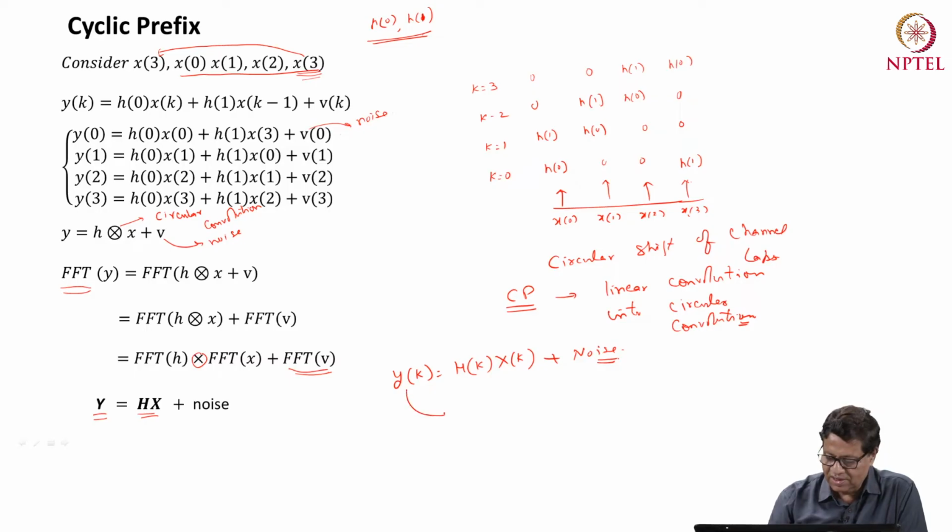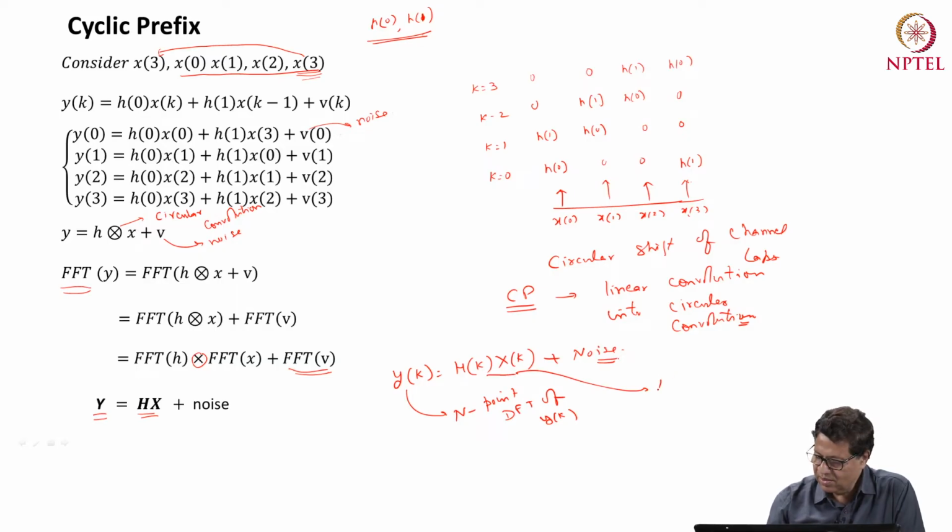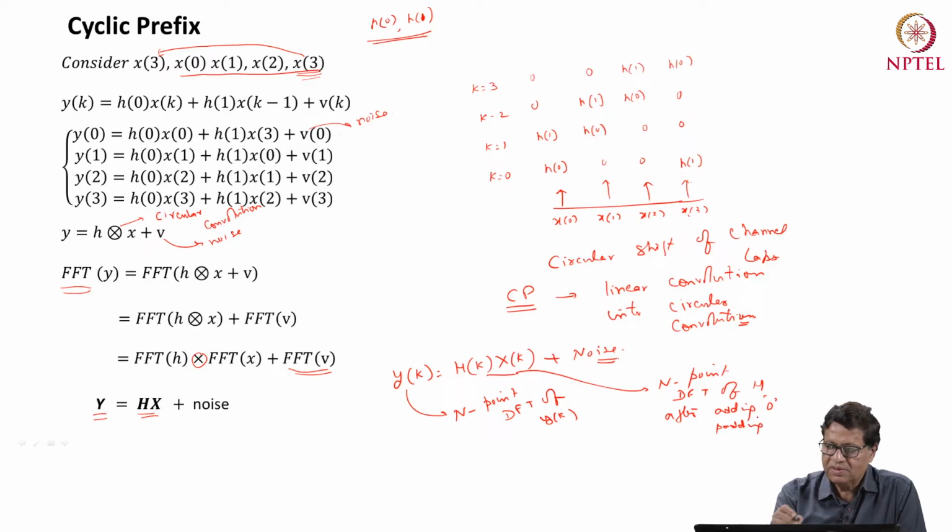So this is nothing but the N point DFT of yk. This Hk is the N point DFT of h after you have added zero padding, because it is S0 and H1, so I'm counting the others as 0.